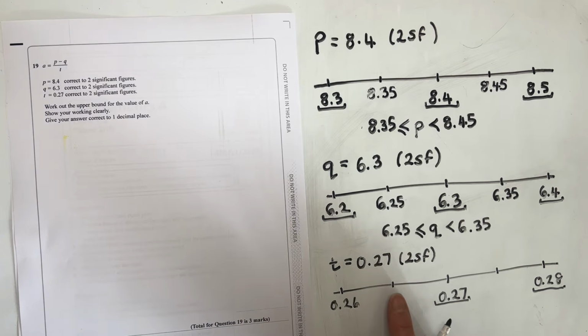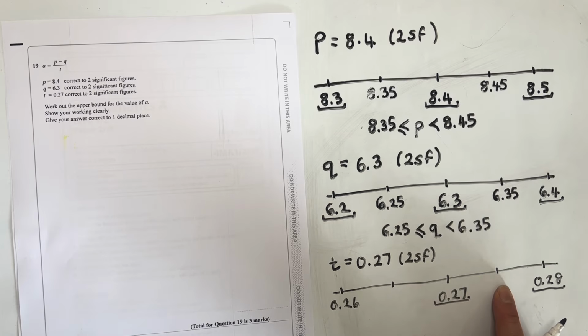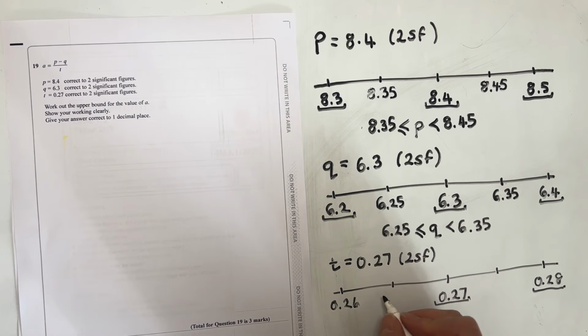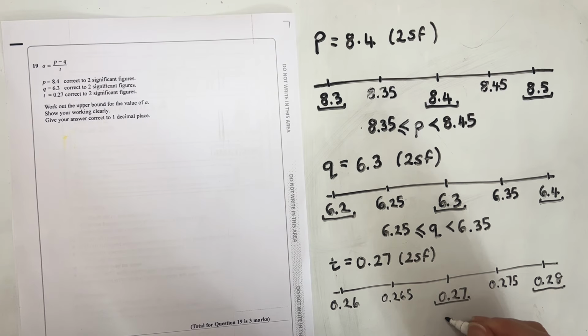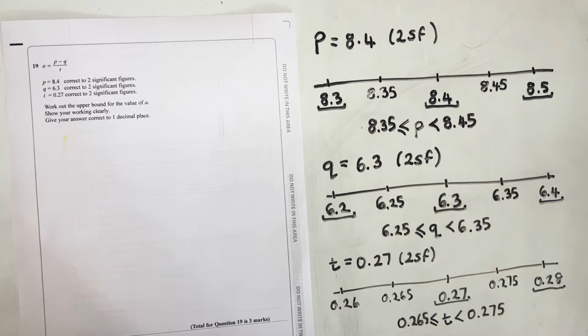So again, my lower and upper bounds are these midpoints. So we know T is going to be greater than or equal to 0.265 and strictly less than 0.275.